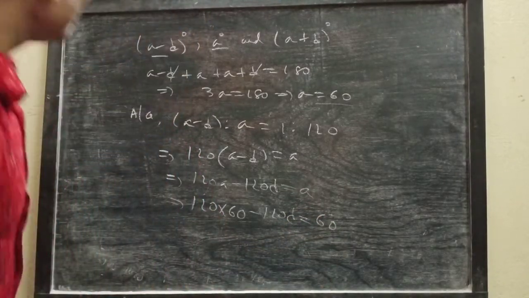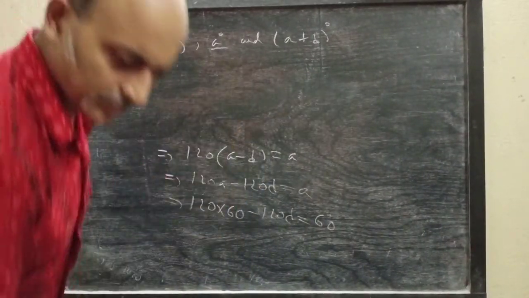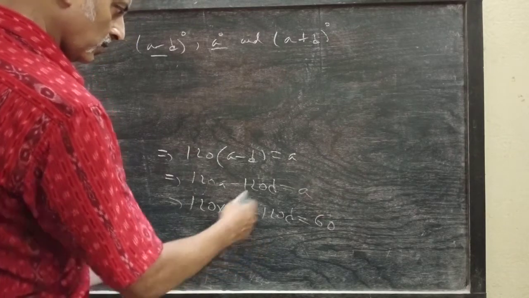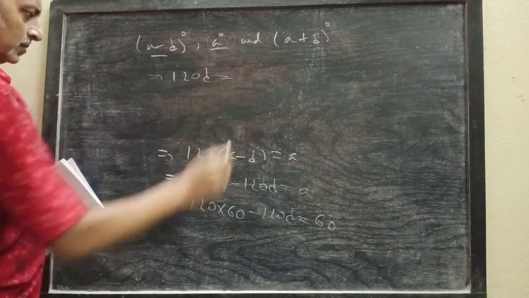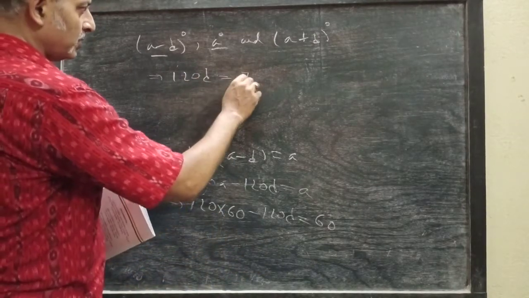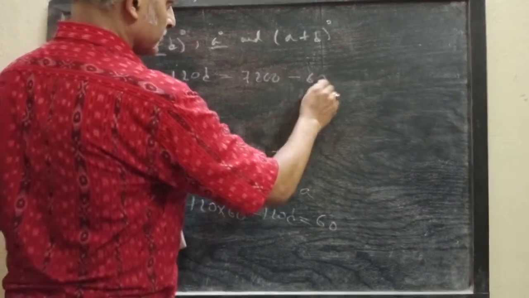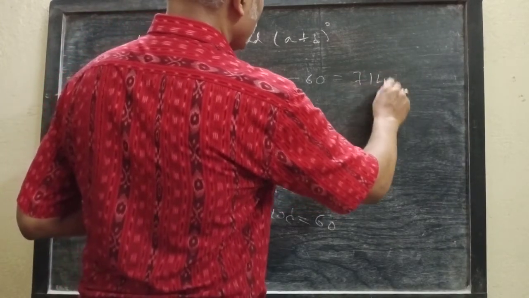So ultimately we get 120d equals 120 into 60, 7200, minus 60, is equal to 7140.